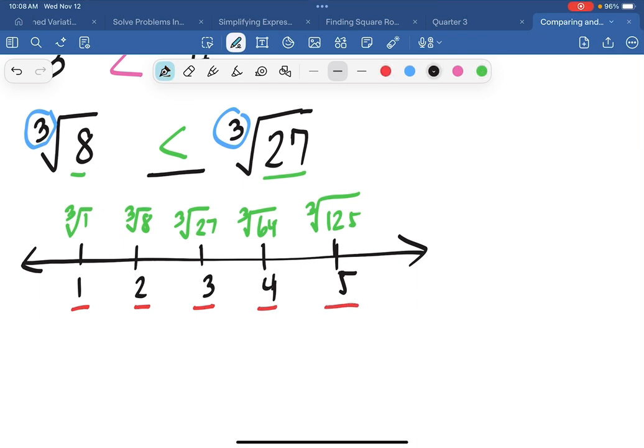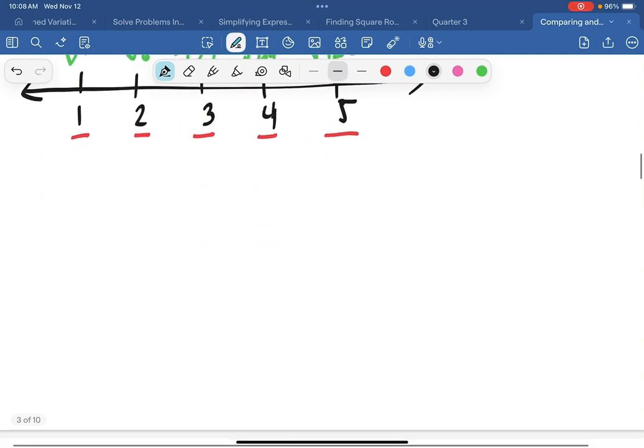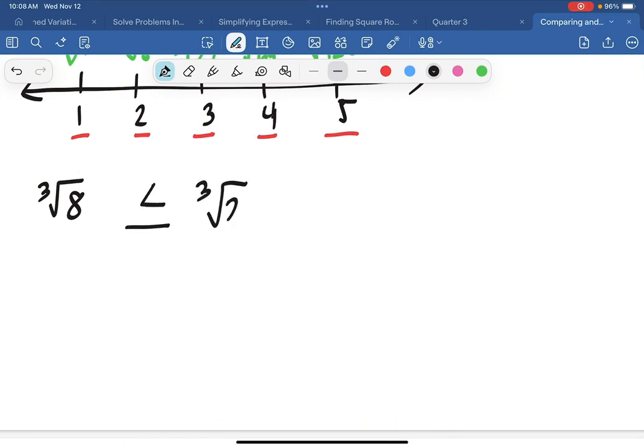Another thing, if we are going to break this down, we have the cube root of 8, which is less than the cube root of 27. So we have 2 times 2 times 2.